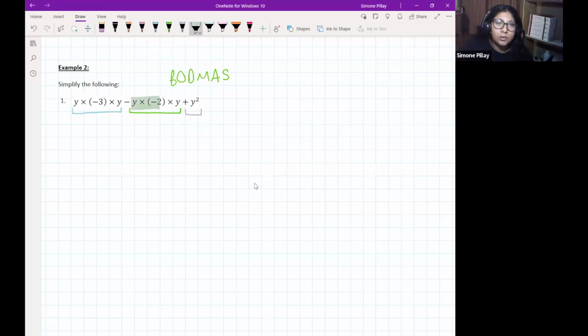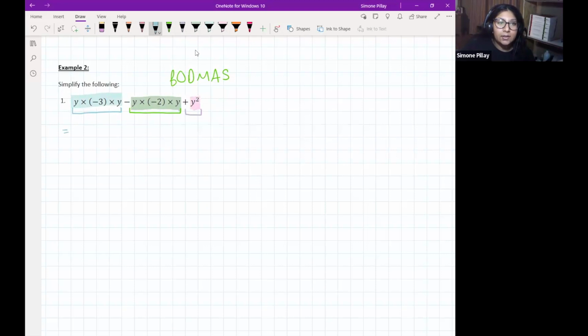Yes, ma'am. So all of this is being multiplied to each other. All of this is being multiplied to each other. And look, there's my minus separating those 2 terms. And then we have my last lonely term at the end. Happy, Itandile? Yes, ma'am. Okay. If I simplify this super quickly, look at what's happening.